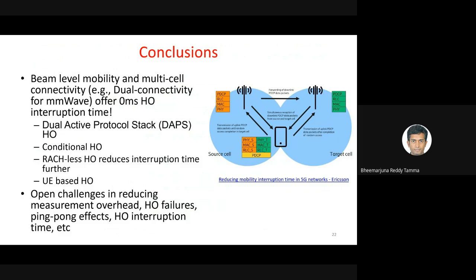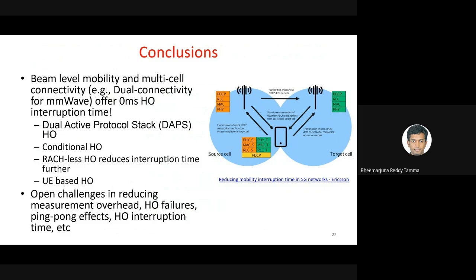But if you are looking at reducing the handover interruption time to 0 milliseconds, then we can think of using dual connectivity, where the user equipment is connected at any time with two cells, and it is most unlikely that the handover procedure is triggered for both cells simultaneously. So even if one link is under repair, or even if it is breaking, you still have the other link available. Because of that, there is no interruption, and the call happens seamlessly.